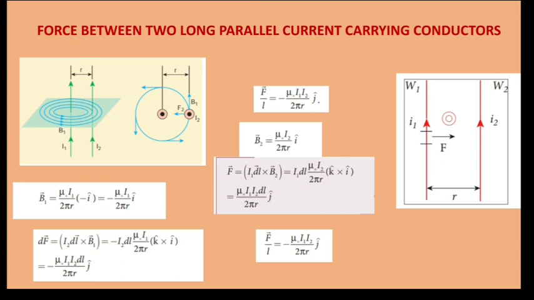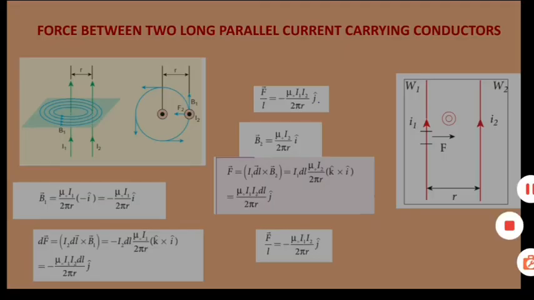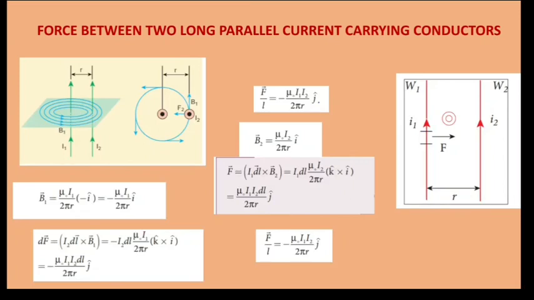Then we use the thumb rule. So the magnetic force acting on an element dl of conductor A is dF is equal to I1 dl into B2, which is equal to I1 dl mu 0 I2 by 2 pi r k cap into i cap.